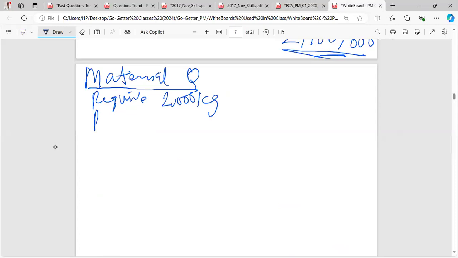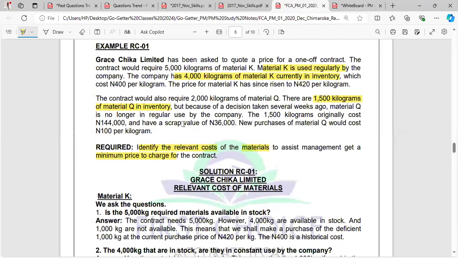We will now say relevant purchase costs. It's going to give us 500 multiplied by how much will it cost us? Now they said, but because of a decision taken several weeks ago, material Q is no longer in regular use by the company. The 1,500 kg originally cost 144,000 and have a scrap value of 36,000.